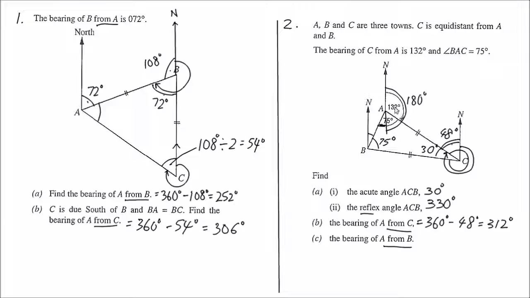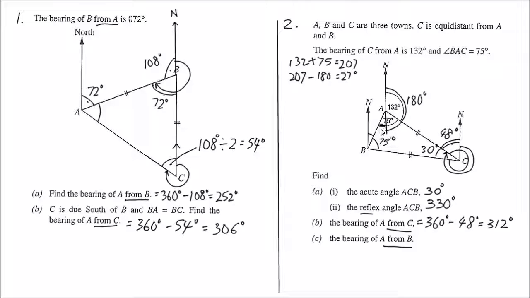Which means that the sum of these two angles less 180 will give us the small angle here. 132 add 75 will give us 207. 207 less 180 will give us this small angle here. This minus this will give you 27 degrees.